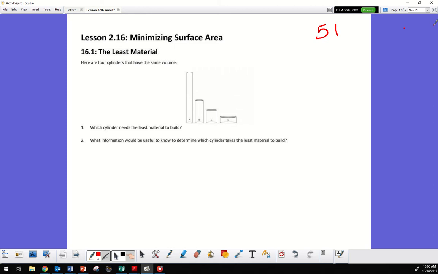B, C, D. So all of these, because none of them actually gives you any value. If you were to justify, what information would be useful to determine which one would take the least? What information do you think would be helpful for this? How about the radius? These are all cylinders, right? So I would need the radius.